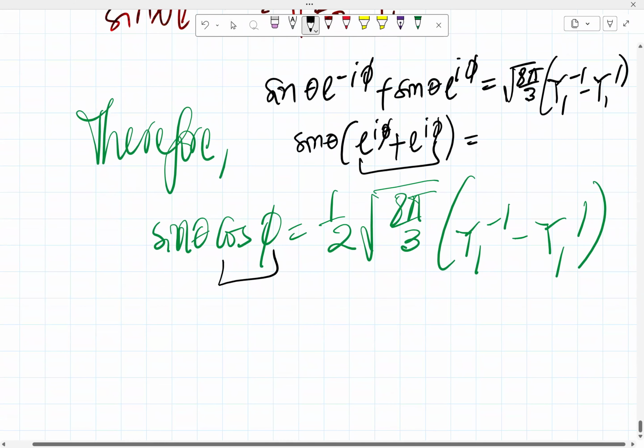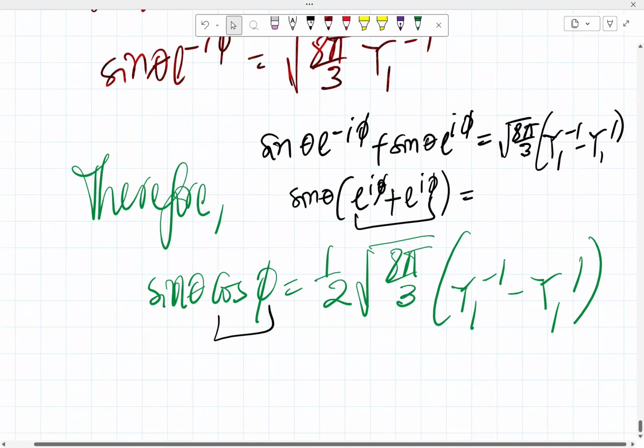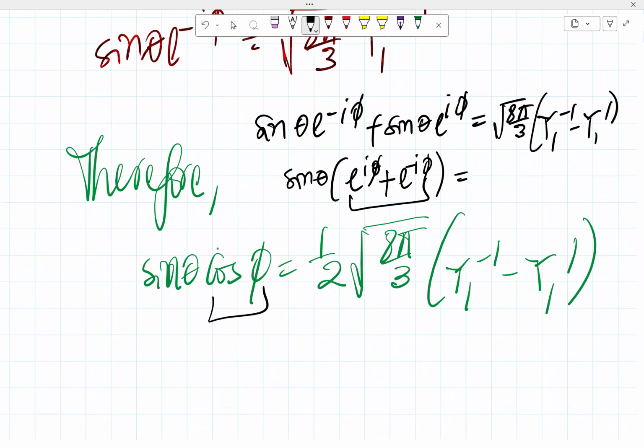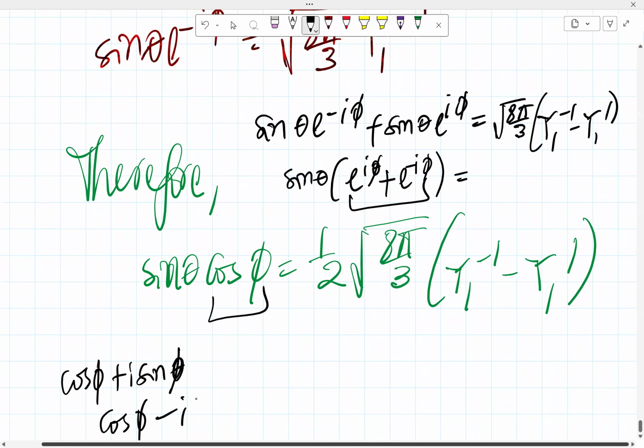Because cos phi can be expressed, so this is, yeah, one is minus, one is plus. Normally each of these is cos phi plus I sine phi rather. Then the other one is cos phi minus I sine phi. So this cancels this. So we have 2 cos phi, that's 2 sine theta cos phi.